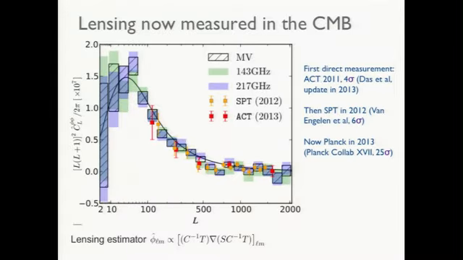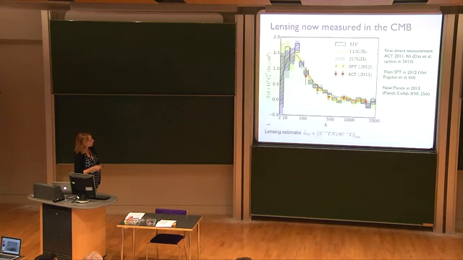That's what's been done. This shows the compilation of the current CMB lensing measurements. The first measurement was by ACT in 2011, which was a 4 sigma measurement. And I'm showing you here just the updated measurement of that in red.